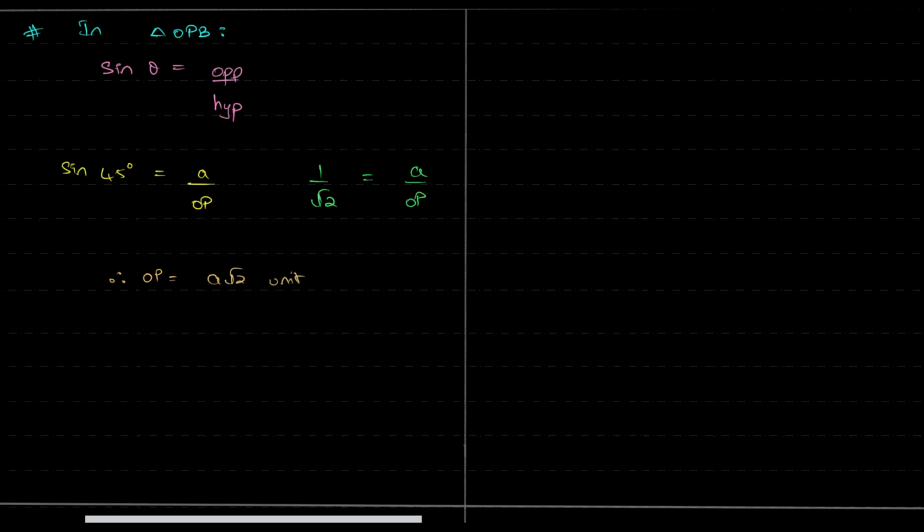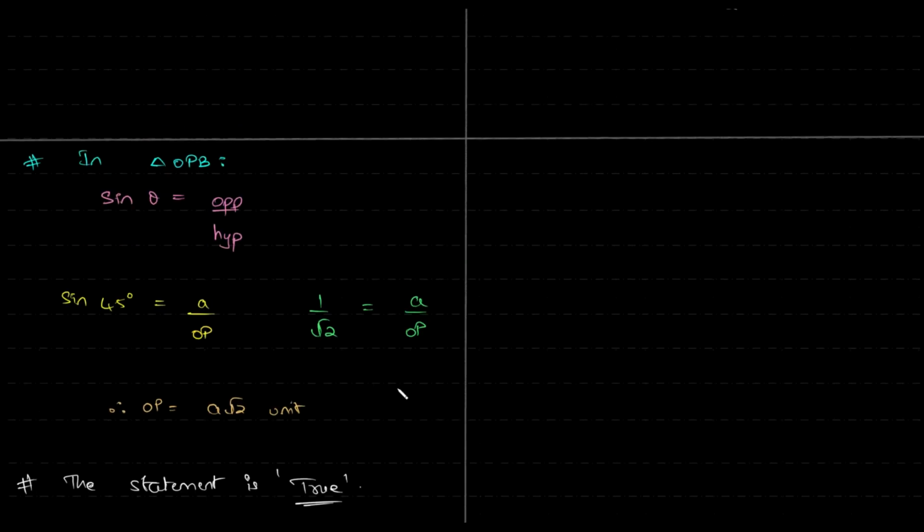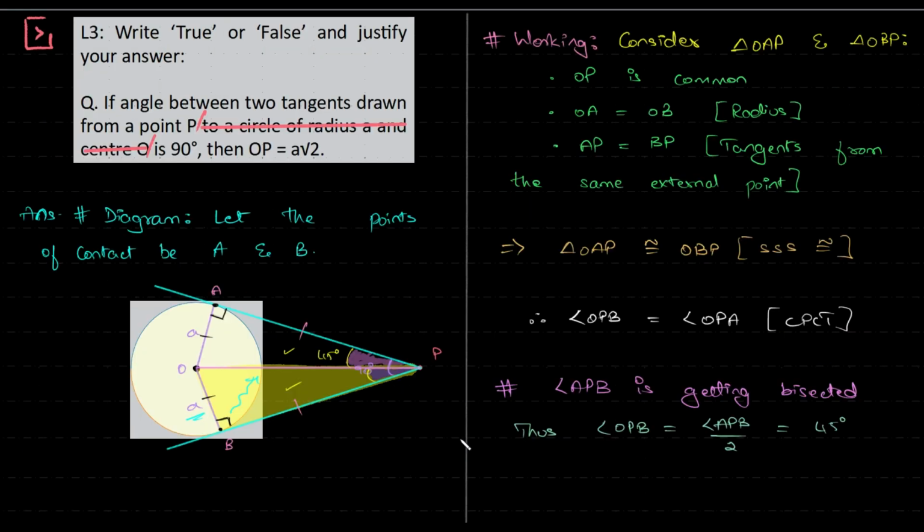So what can you tell about the statement? See, here the answer is true or false, and we can tell the statement is yes, it is true. Okay, again this will carry half a mark, and now you can pause and have a look at the answer.